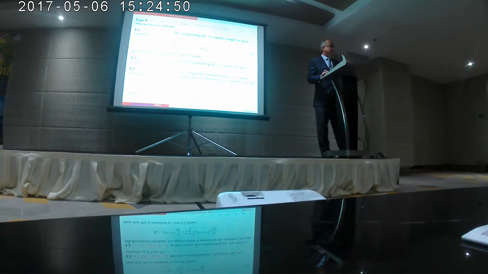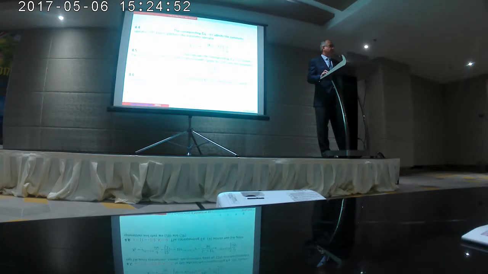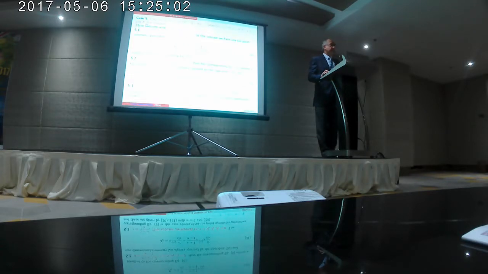And similarly, we have case 3, 4, 5, 6, depending on the values of n, the relation between n and nu. You can see they are different. Then we go to case 5. In this case, we have a power function, y to the power minus sigma.